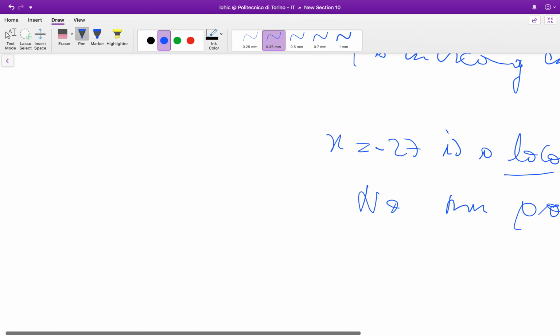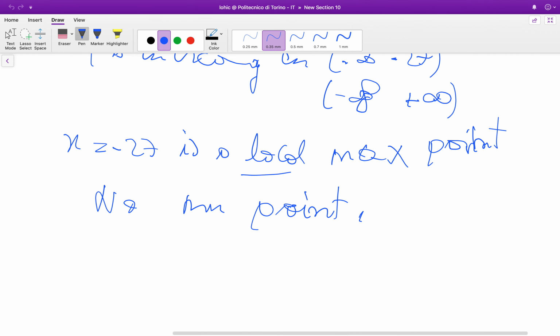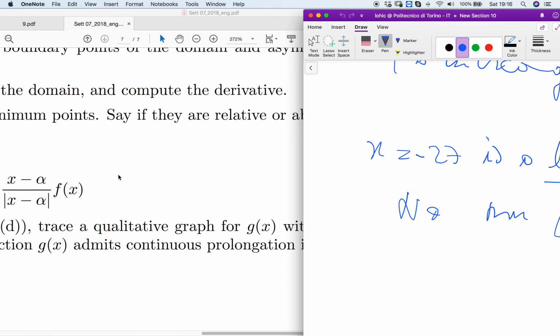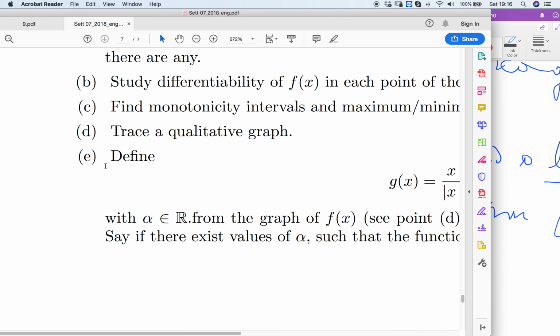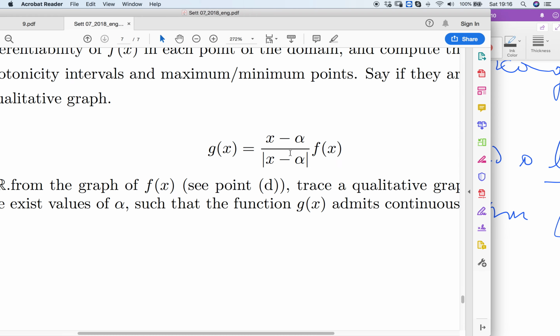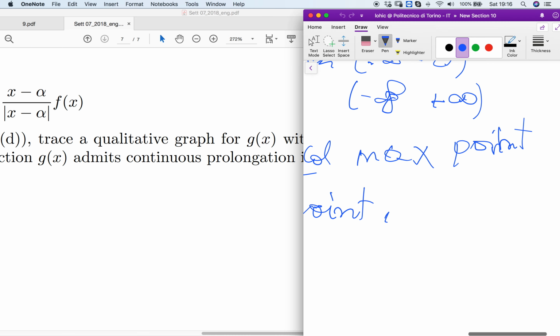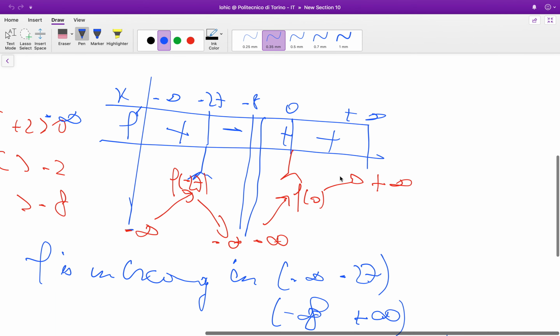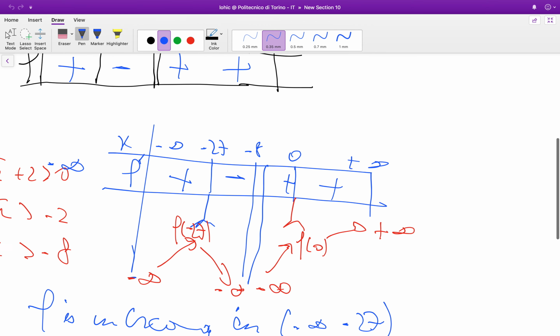Okay, nice. Next question says: trace the qualitative graph of the function. Here on this table you can see the graph.